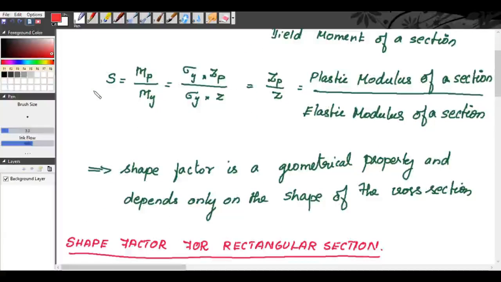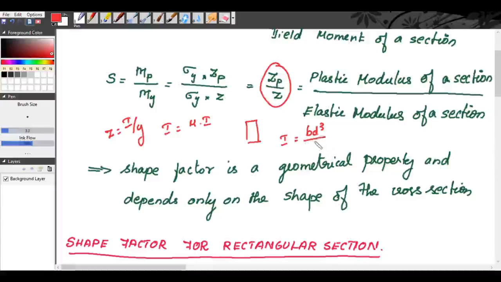Now, if you see the shape factor, it depends on the section modulus. We know section modulus Z is equal to I by Y. I is nothing but moment of inertia. For example, if we take a rectangular section, moment of inertia about the centroid will be equal to BD cube by 12.